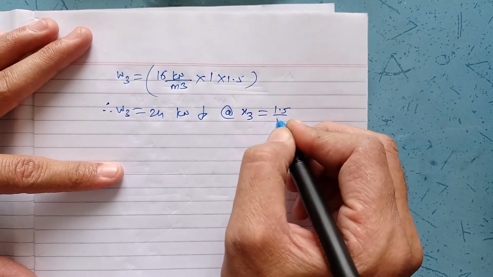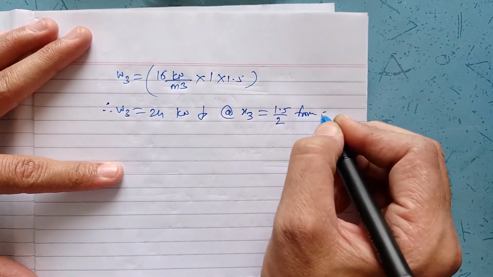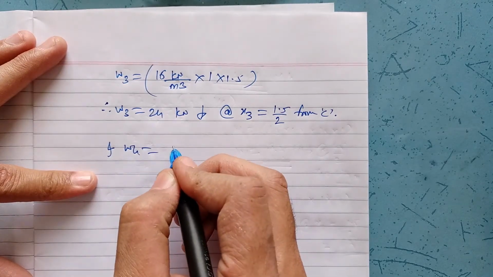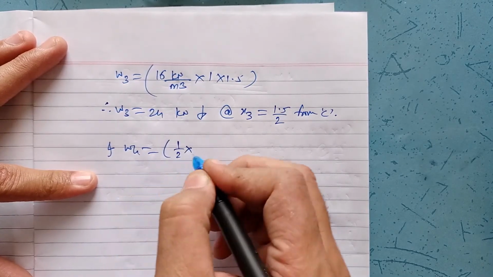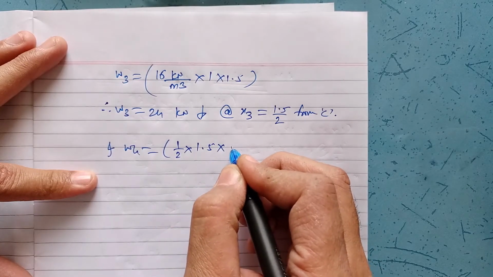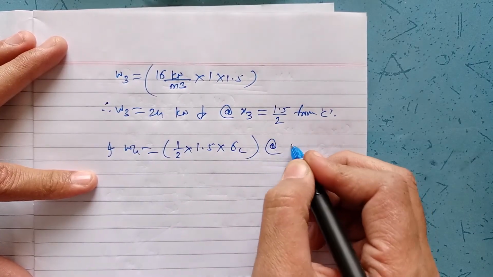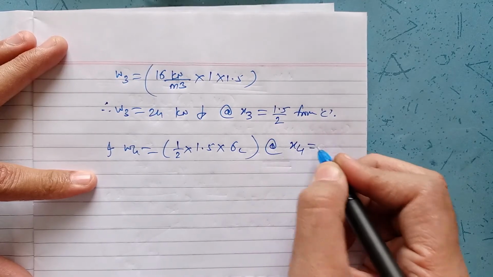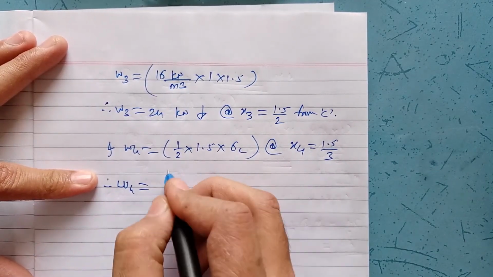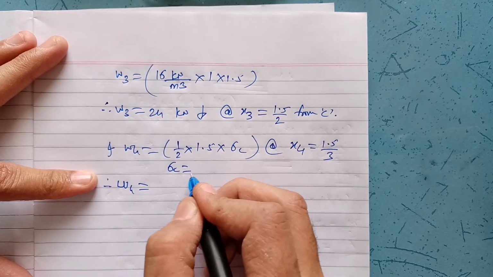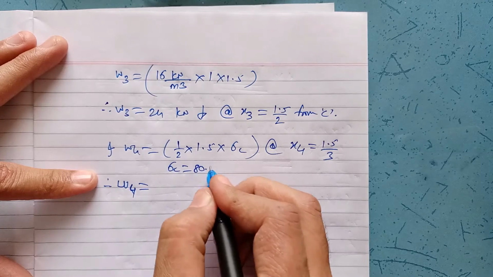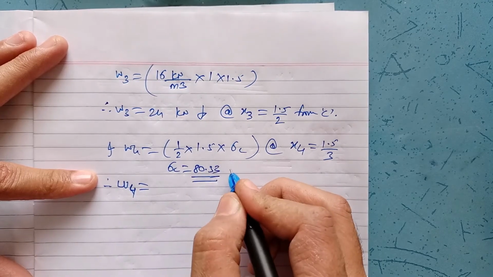W4 is the upward pressure acting, and this triangular pressure will be calculated as half into base, that is 1.5, into sigma C, acting at x4, that is 1.5 divided by 3. Hence for W4, substitute the sigma C value we have calculated in the previous video, you can go through this. There we calculated sigma C with interpolation as 80.33.